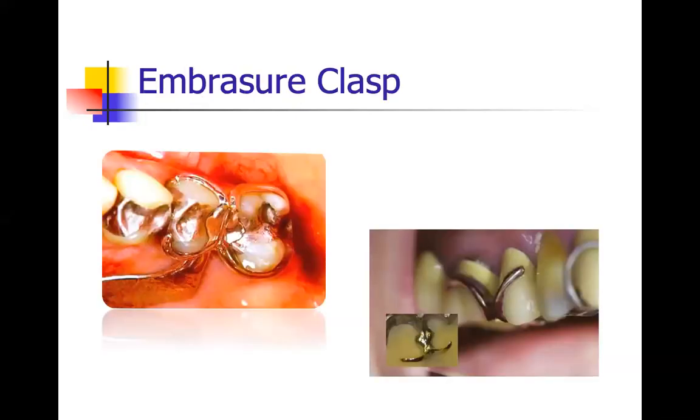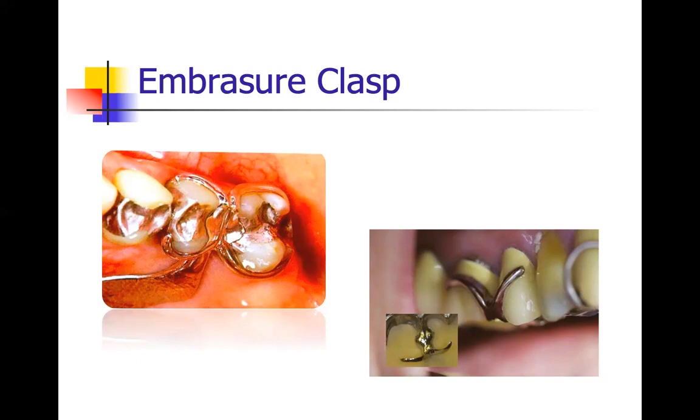Then we come to the Embrasure Clasp. It is also known as the Bonneville Clasp. It is indicated in unmodified class 2 or class 3 partial denture where no edentulous spaces are available on the opposite side of the arch to aid in clasping.